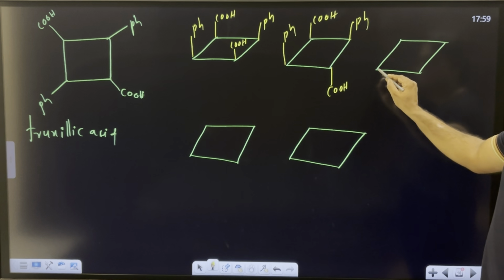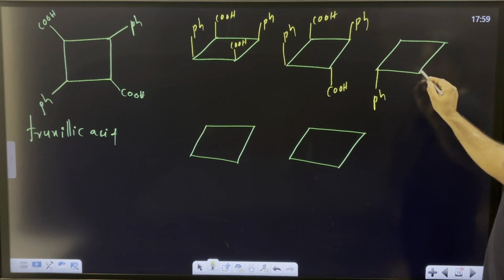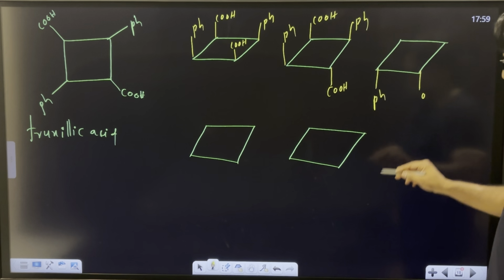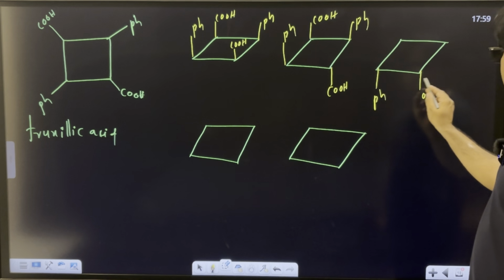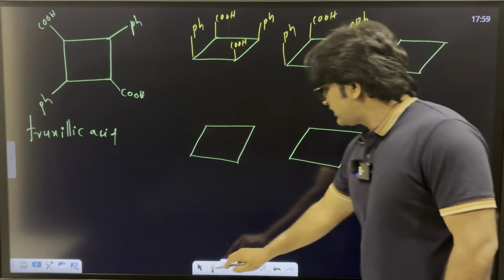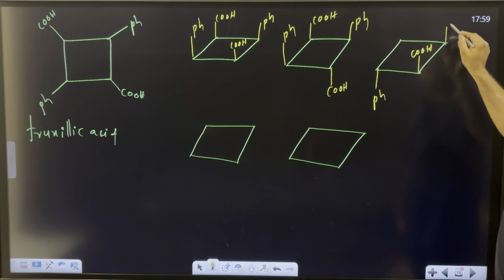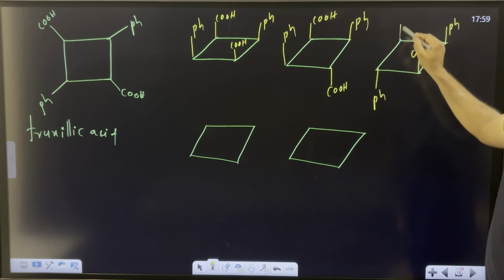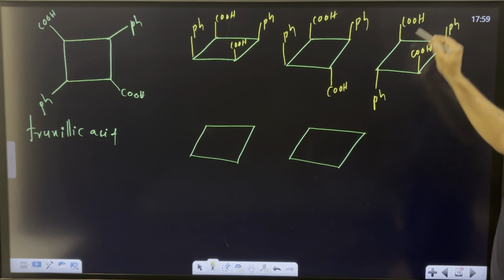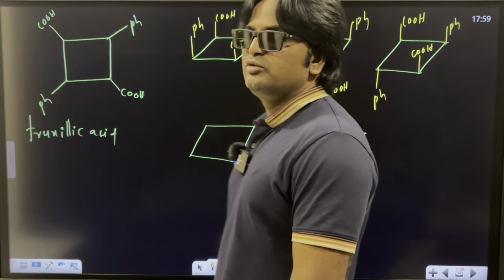In the third possibility, I am taking phenyl below. From the first structure, I am taking phenyl down and the remaining groups are above: COOH, phenyl and again COOH. Now this is the third possibility.